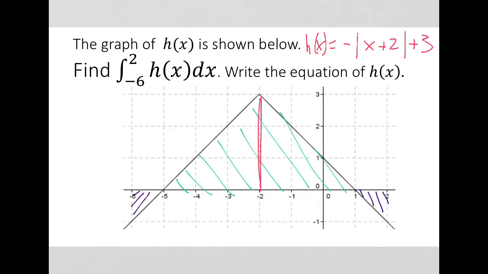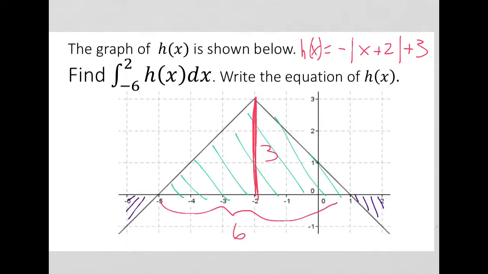Well, here is a triangle with a height there of 3. And what is the length of that base? Well, the length of that base appears to be 6. And so I get 6 times 3 is 18, divided by 2 is 9 for the green area.